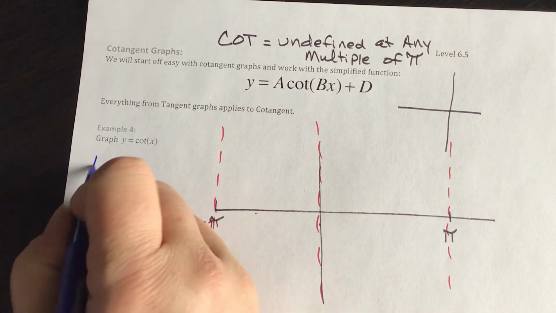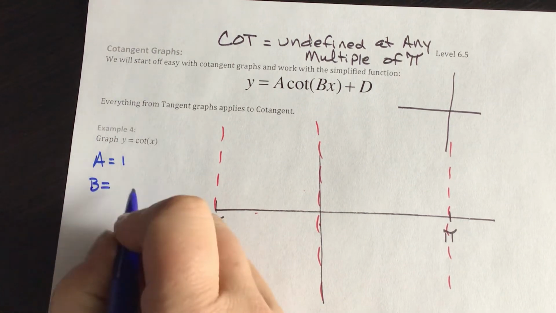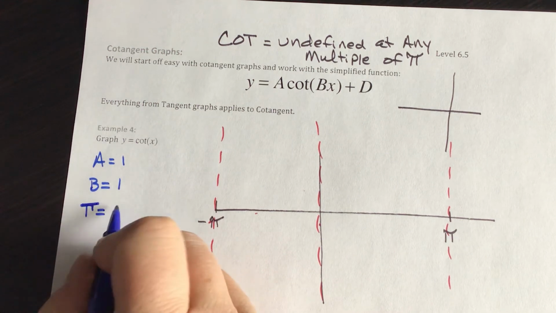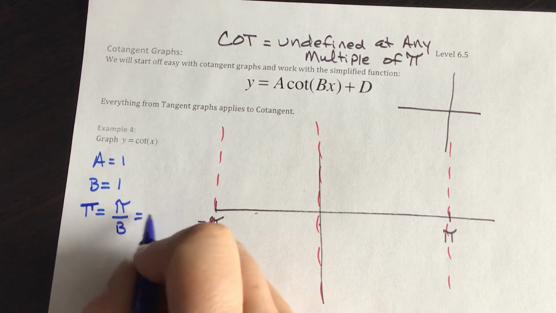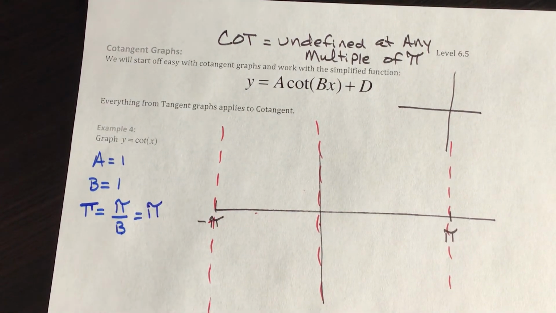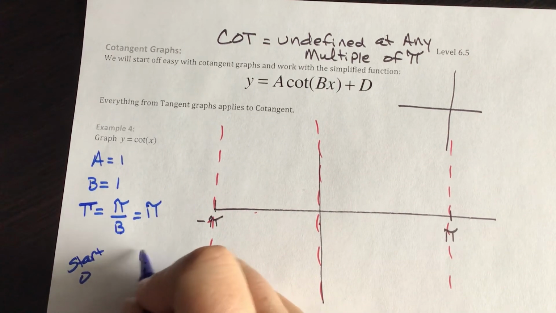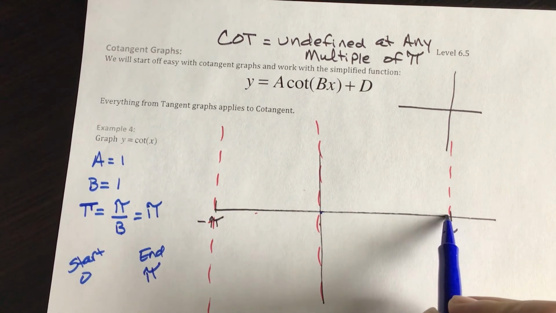But I do know that my amplitude is 1, my b value is 1, so my period, or my T, is still pi over b. In this case, b is 1, so this is just pi. So I'm going to start at 0, and I'm going to end at pi, okay, from 0 to pi.